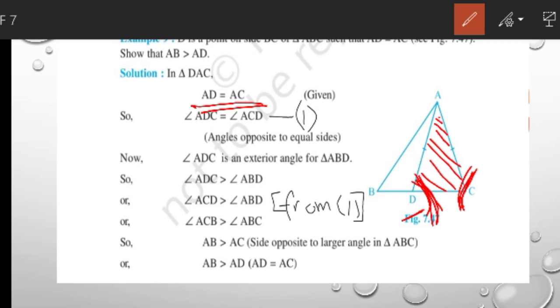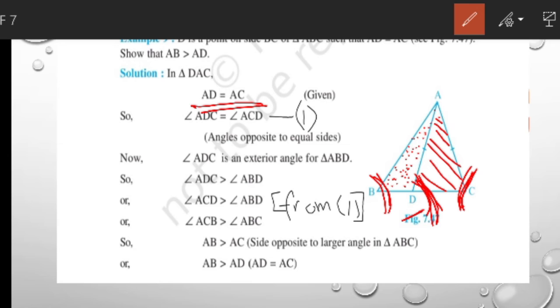So now, after equation 1, we will consider this dotted triangle. In this dotted triangle we see that angle ADC is an exterior angle. The exterior angle is always greater than one of the interior angles.